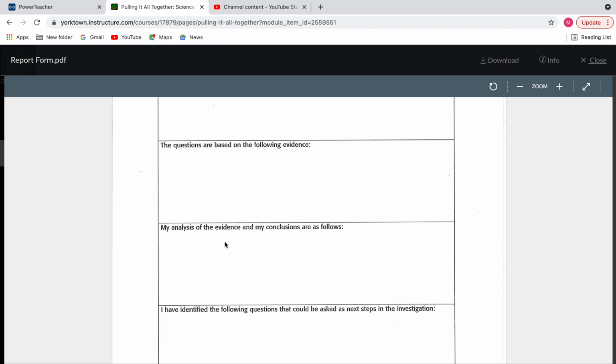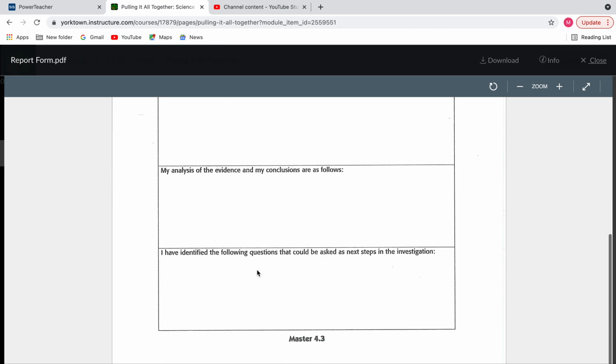Based on your analysis, what do you think was the cause, or what do you think was the problem as far as the disease outbreak? The last section: I have identified the following questions that could be asked as next steps in the investigation. If we want to further this investigation, what questions would you want answered?